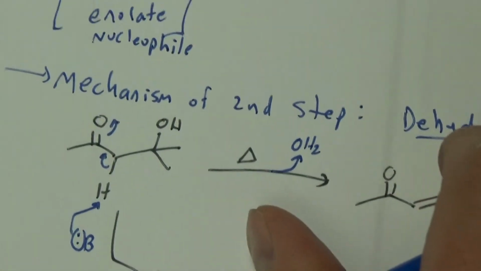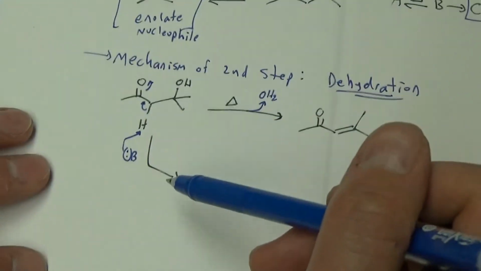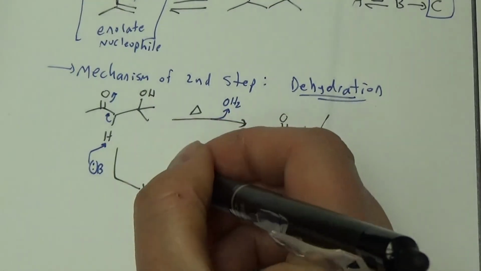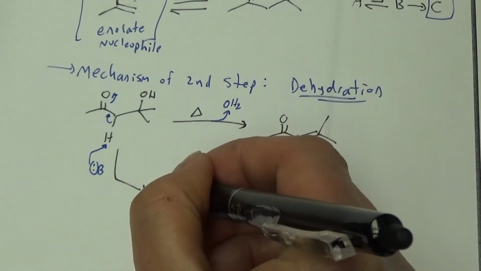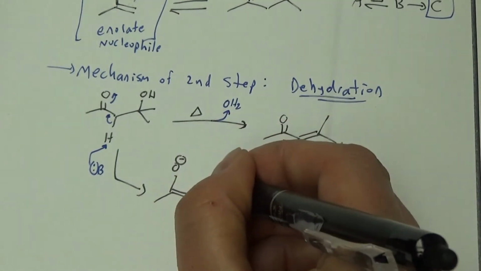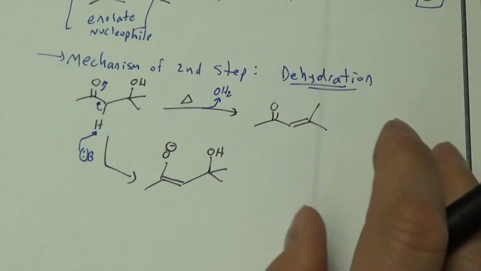It's just like how we started the reaction, just like we started with acetone. Base takes proton, makes an enolate. So base took a proton. Now we get an enolate.